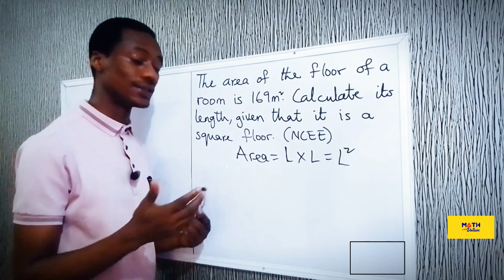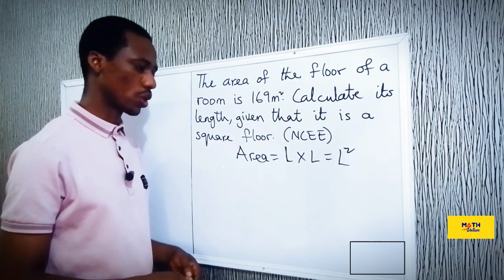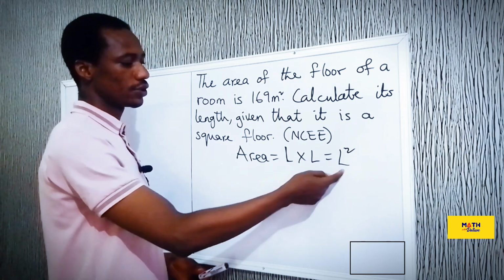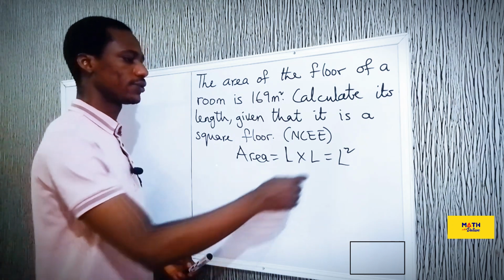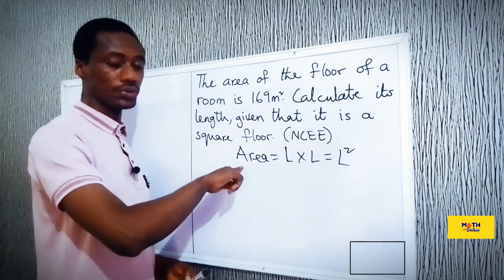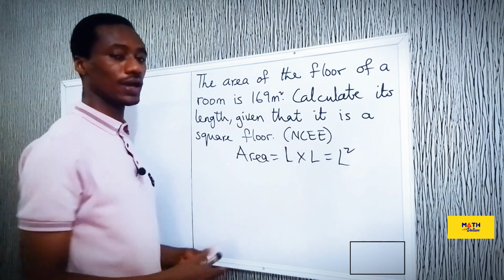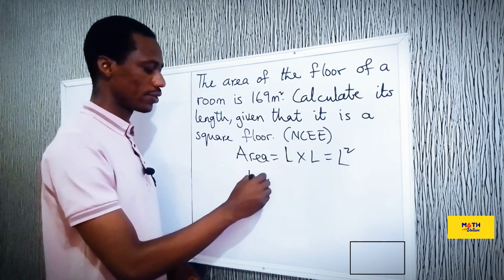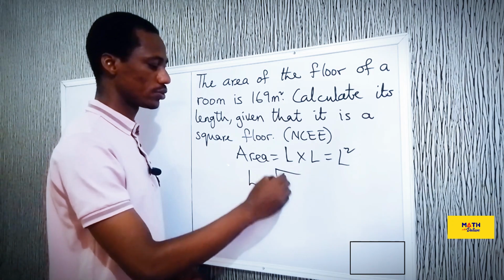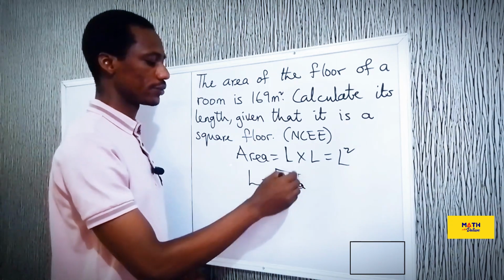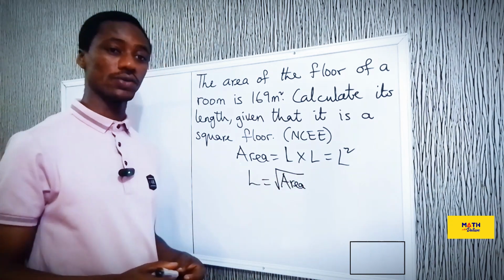If we're looking for the length when the area is given, we just need to take the square root of the area and then we have the length. So the length of a square is the square root of the area.